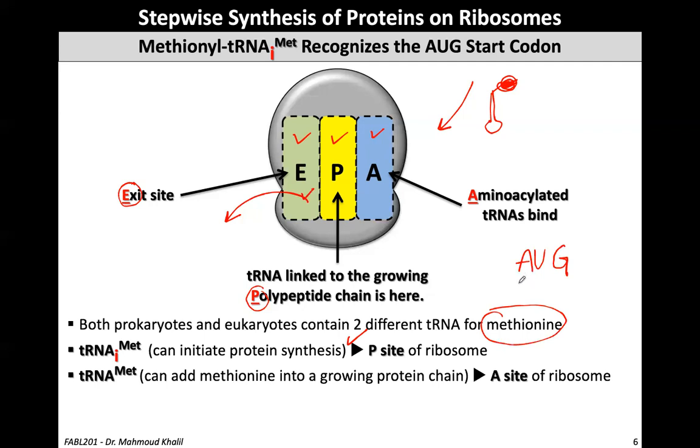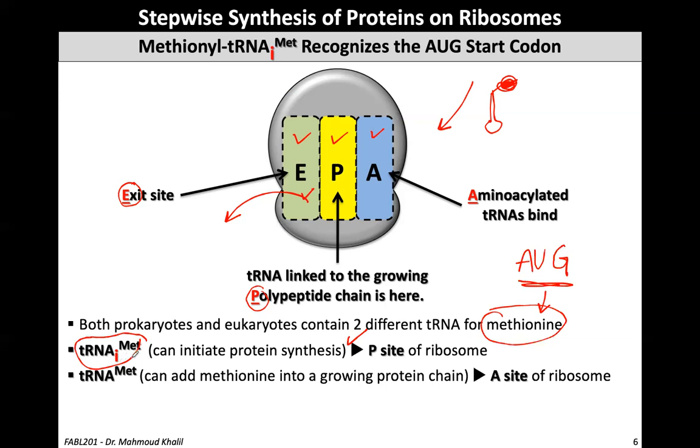And we will understand later that the AUG codon is translated to the amino acid methionine. So to make sure that the first amino acid is always methionine, we have a specific transfer RNA, named transfer RNA I, and I here stands for initiator.